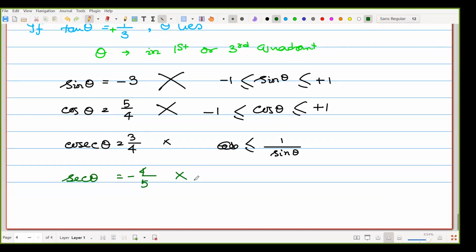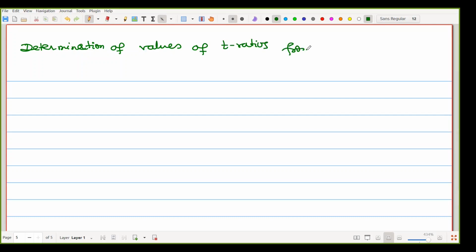Okay. So the next question is how we can determine the values. Determination of values of the other trigonometric ratios from the value of one trigonometric ratio. Suppose we have been given a question like that.